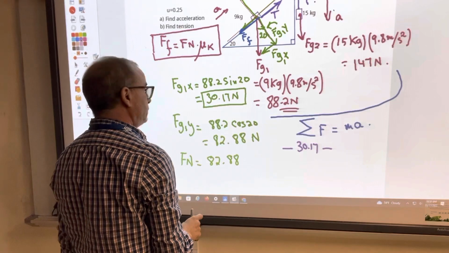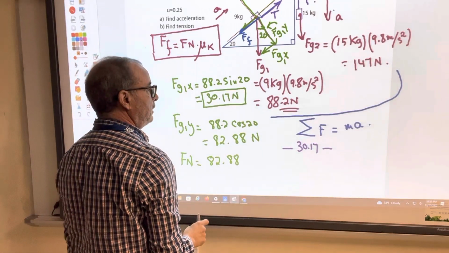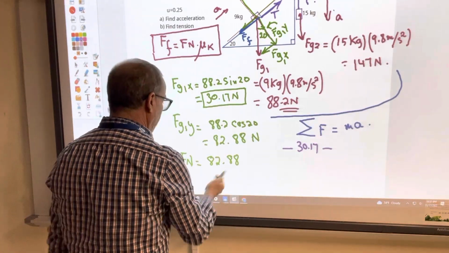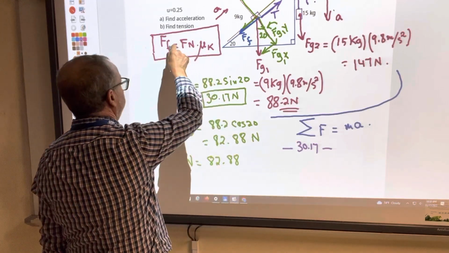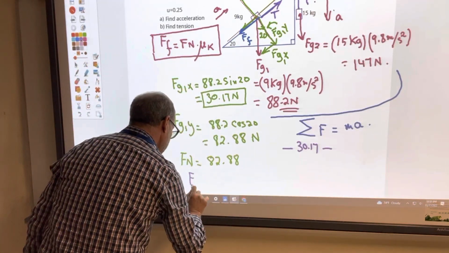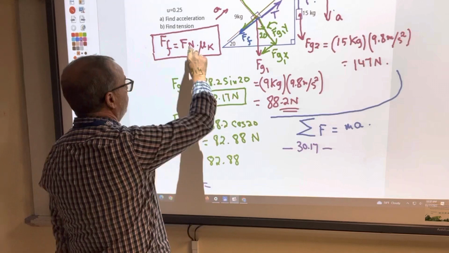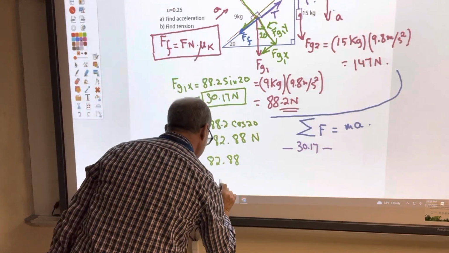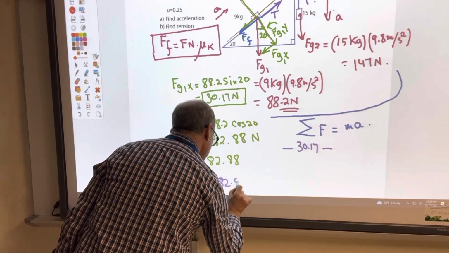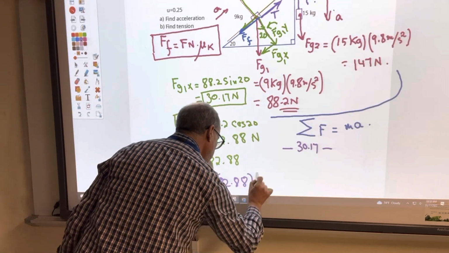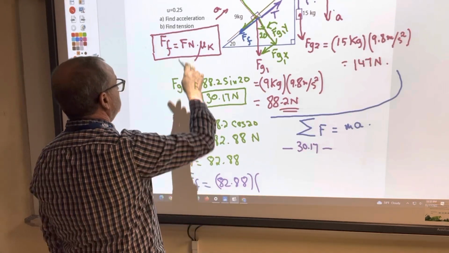Hold on a second. We didn't calculate the friction force. We have the normal force, but we need to get the friction force, which is just the normal force, Fn, which is 82.88, and I multiply that by the coefficient of friction, which is 0.25.